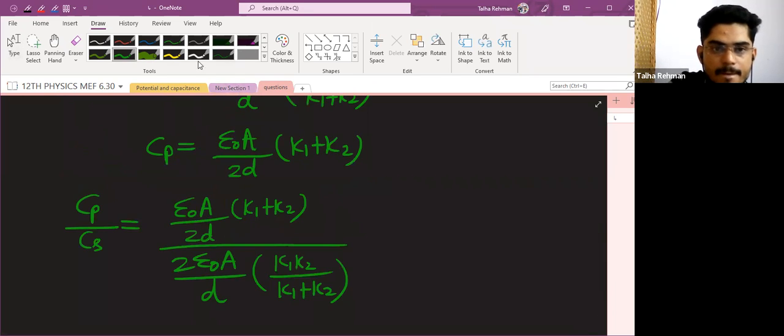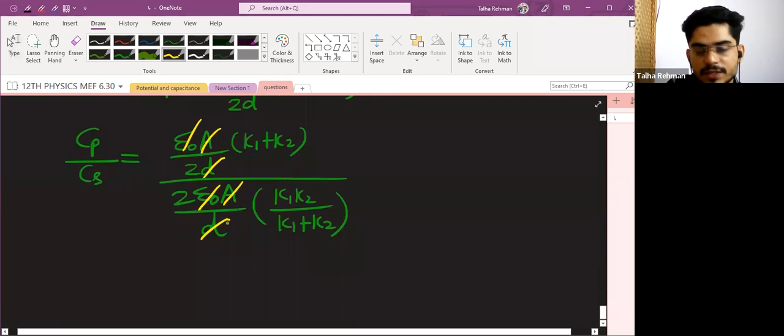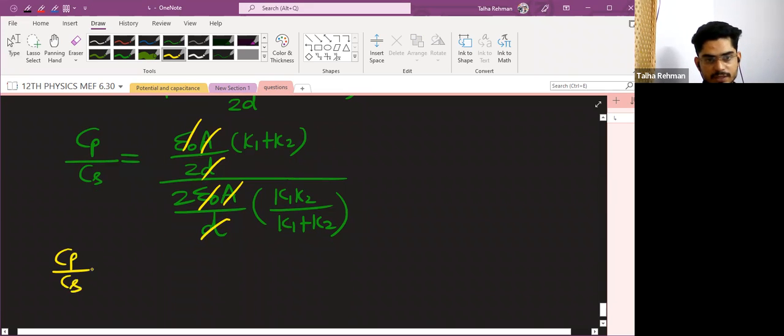Now epsilon naught A by D cancels out. So you can write Cp divided by Cs as: in the numerator we have K1 plus K2 divided by 2, and in the denominator we have 2 K1 K2 divided by K1 plus K2.